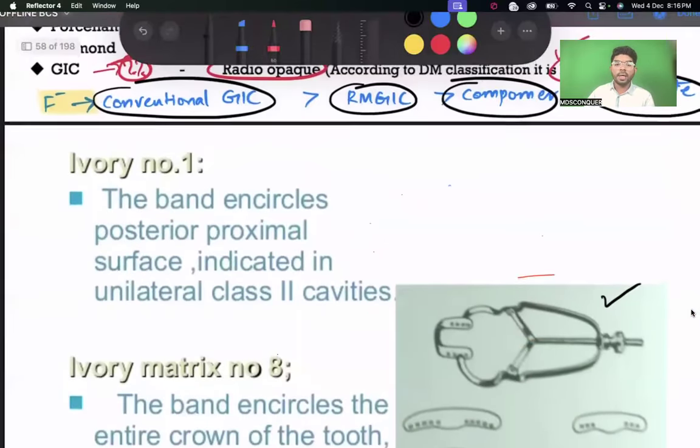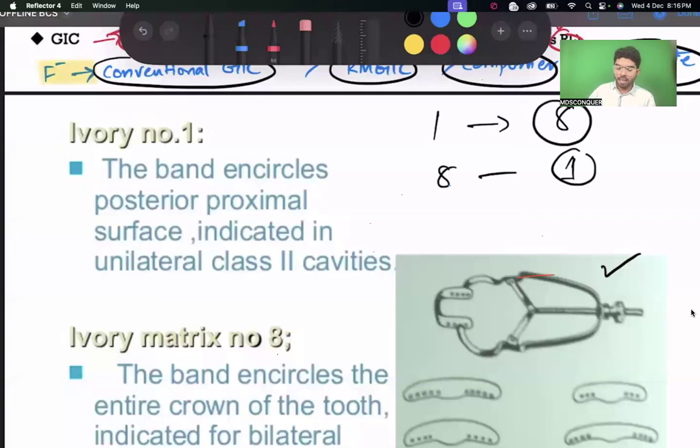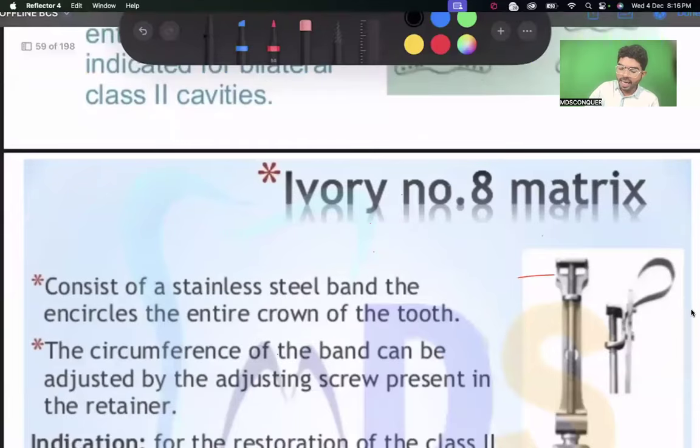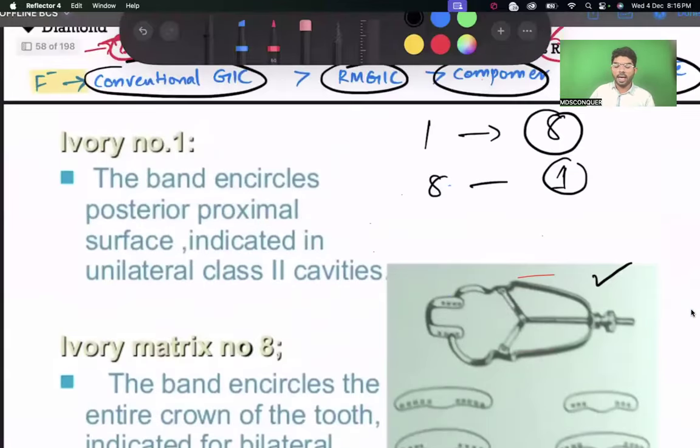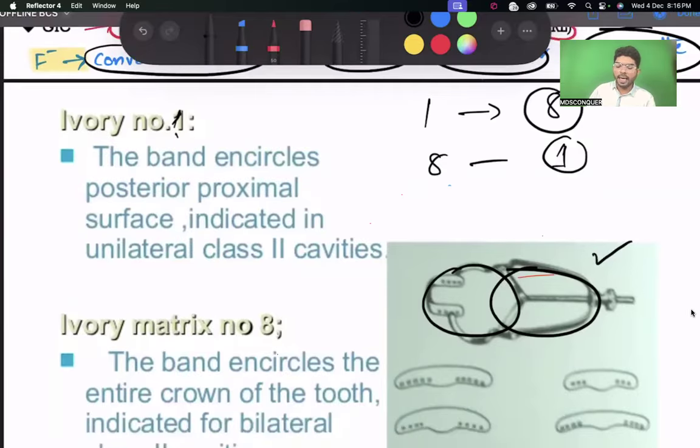Easy to identify: 1 looks like 8, 8 looks like 1. You check out this Ivory 8, it looks like 1, and Ivory 1 looks like 8. Clear?